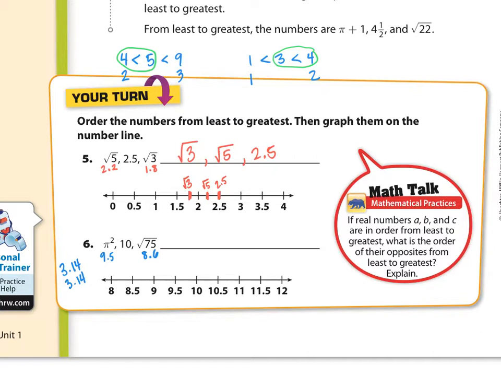So pi squared is going to be somewhere around here. Then we have 10. And then we have the square root of 75, which would be about here. And if I were to put these in order, it's going to be the square root of 75, and then pi squared, and then 10.